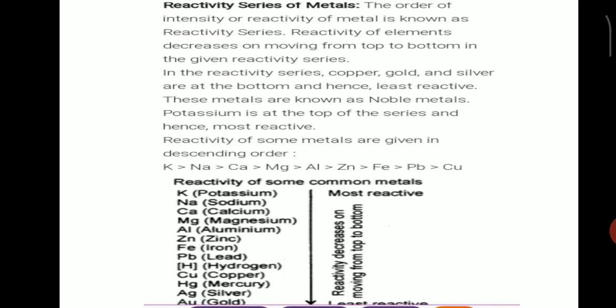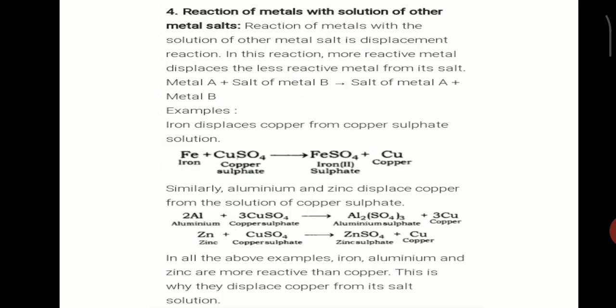We studied this in the first chapter. So this is the reactivity series of metals in their reaction order. Today we are going to discuss how the solution of other metals reacts with metals, according to the reactivity series.